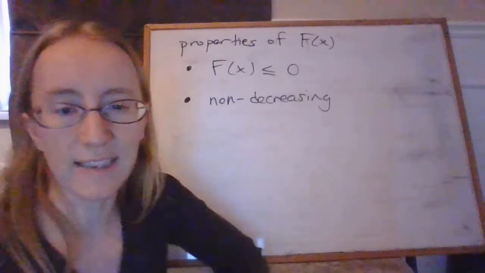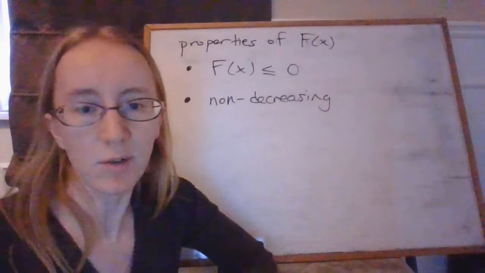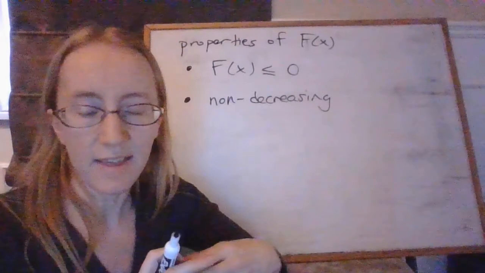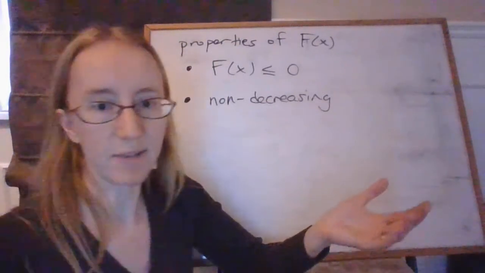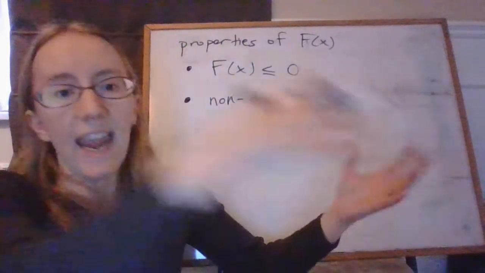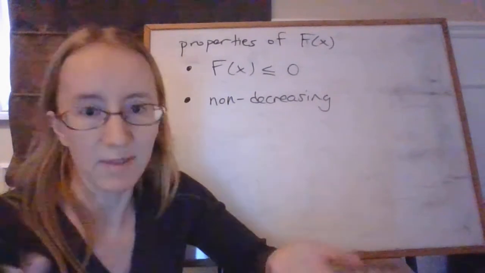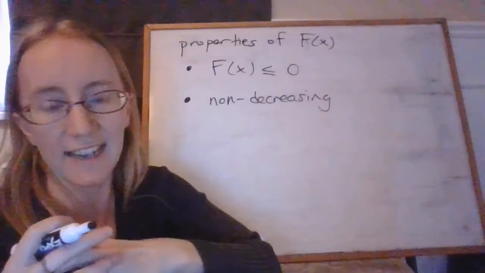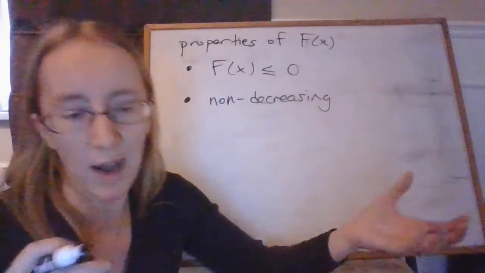And the reason for that is kind of more interesting. You think about two different values, say x and y. If y is bigger than x, then the probability of the variable being less than or equal to y contains the event that the variable is less than or equal to x. If it's less than or equal to x, it's definitely less than or equal to y, but not the other way around.